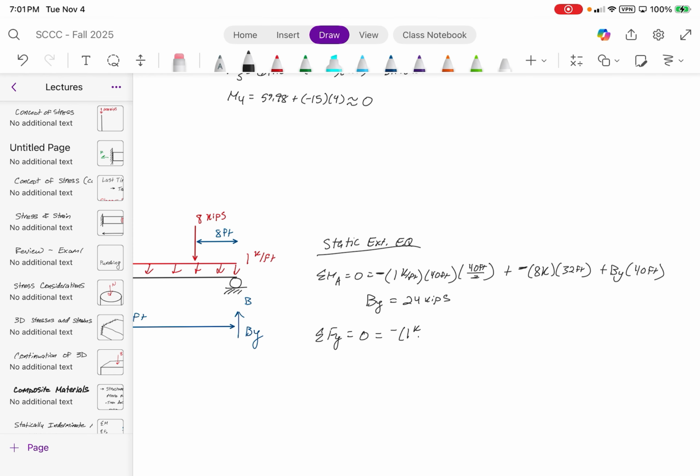Negative 1 kip per foot times 40 feet minus 8 kips plus AY plus 24. Solving for AY, you should get 21 kips. Everyone get that? Okay. And both forces are moving upwards. Let me just double check the values just to be sure.